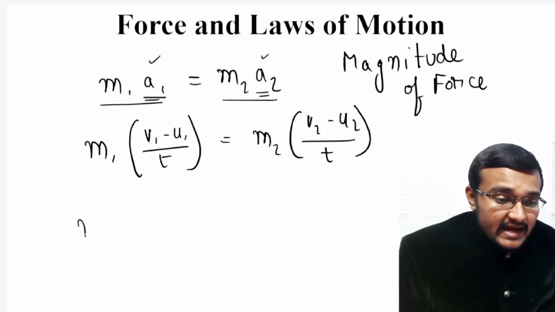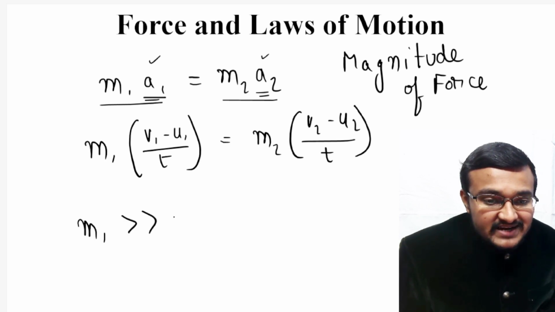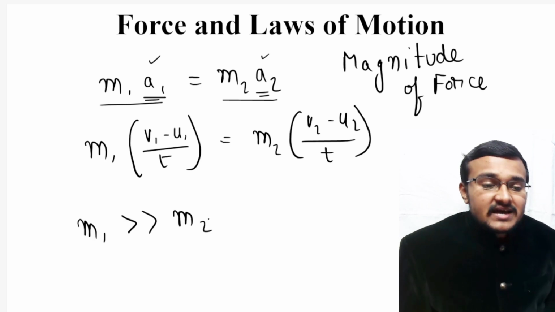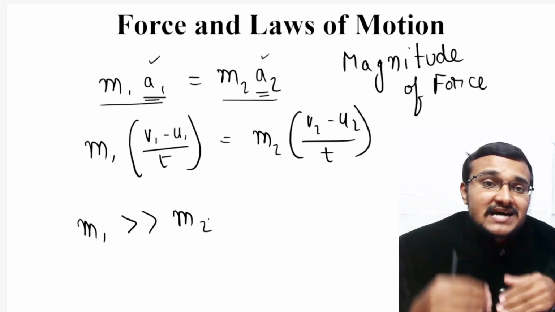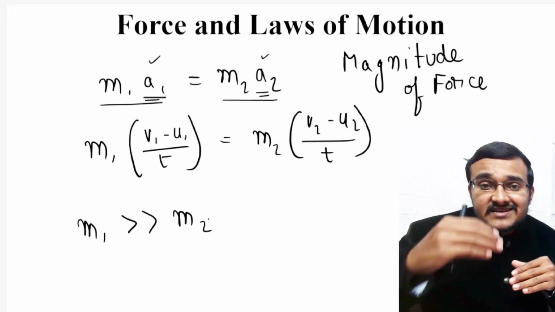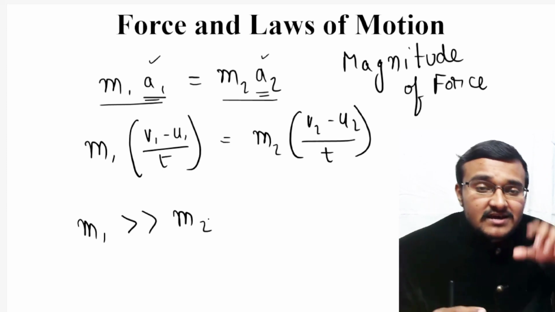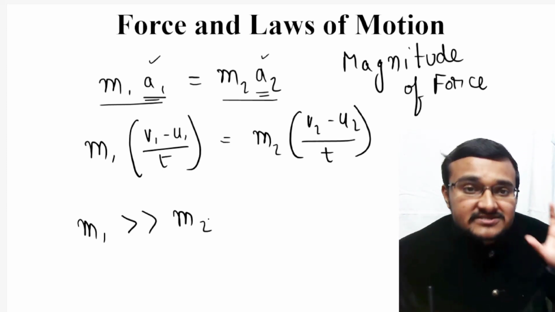Now m1 is very much greater than m2, because m1 is the mass of the car and m2 is the mass of the insect. That means the insect's mass is very small compared to the car's mass.